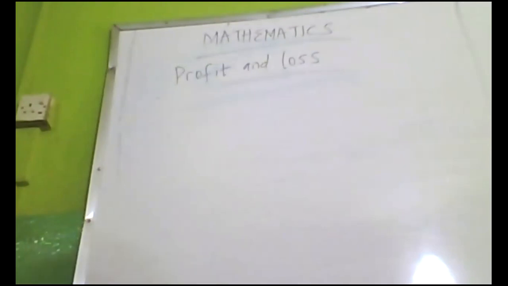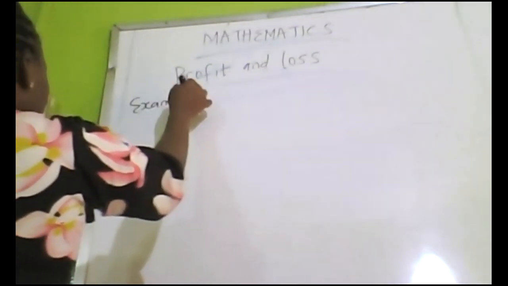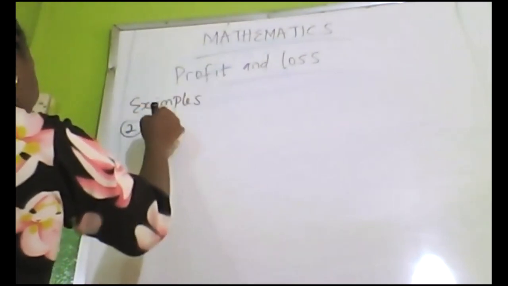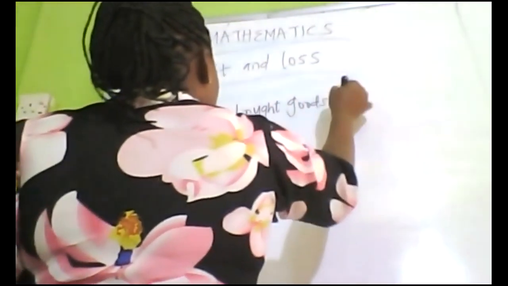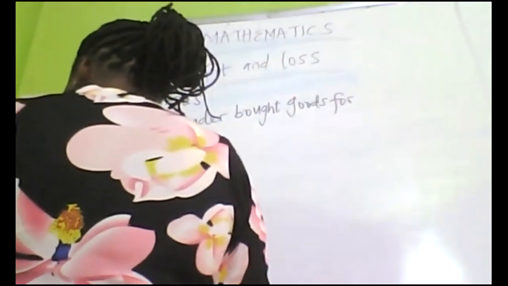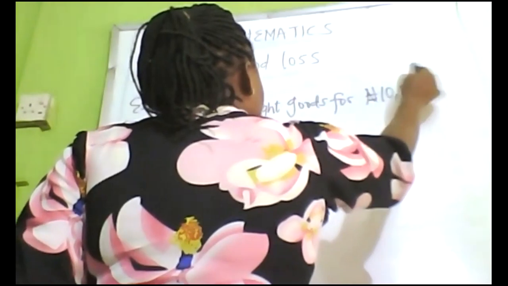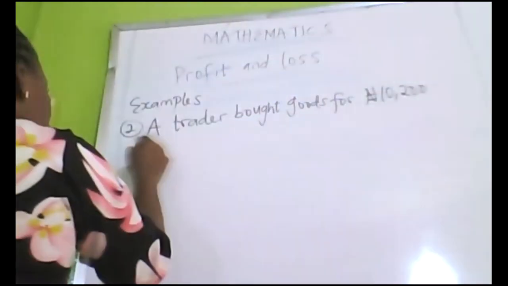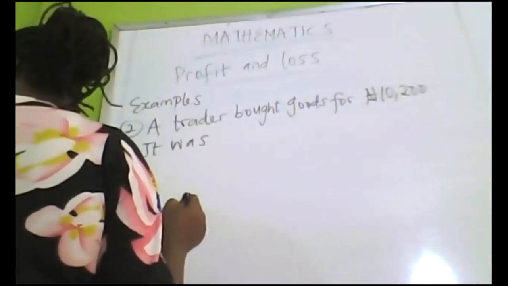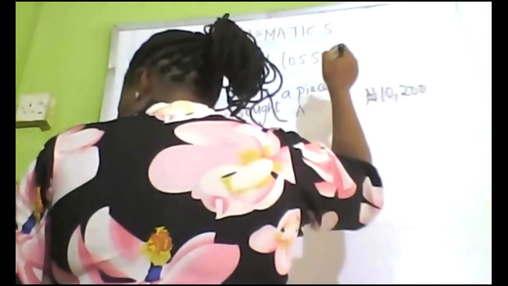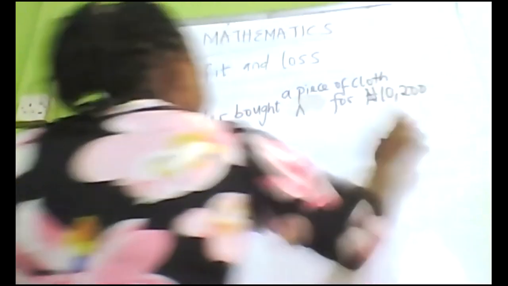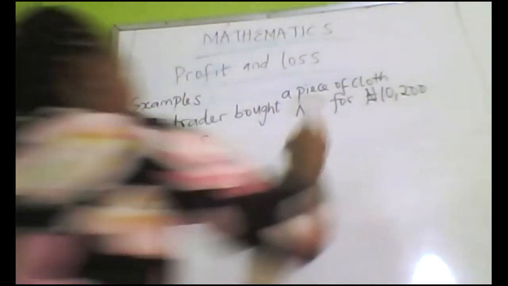Example. A trader bought a piece of cloth for 10,200 naira.